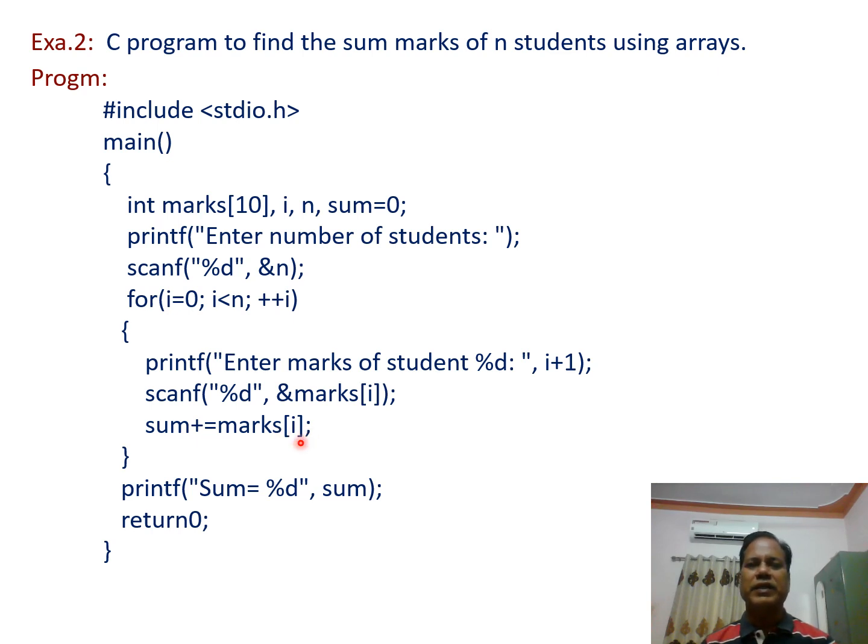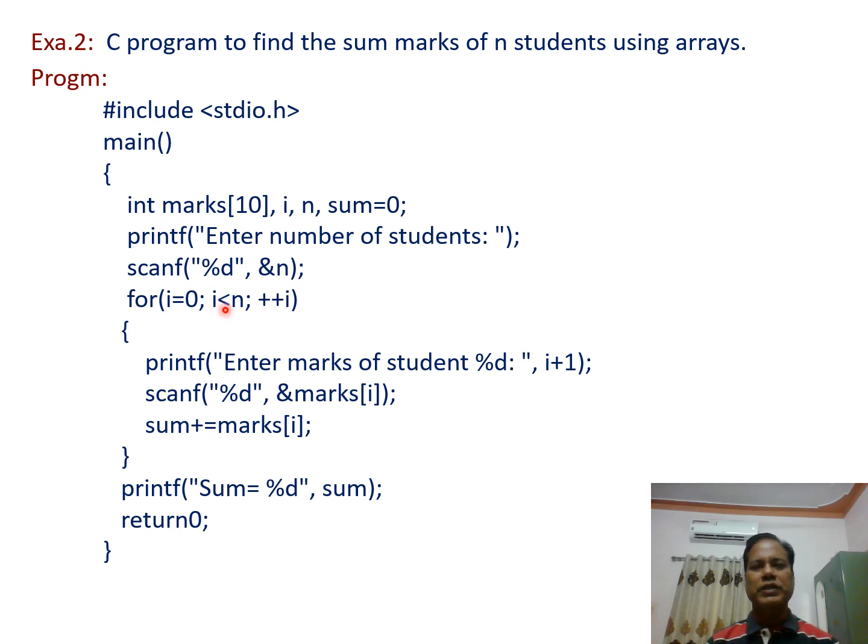Marks[i] here initially is marks[0], that is the first marks, and the initial value of sum is 0. So 0 plus the marks of the first student gets added and is stored in the left side variable sum. Then the value of i is incremented and becomes 1.